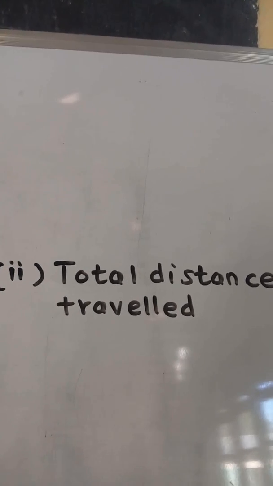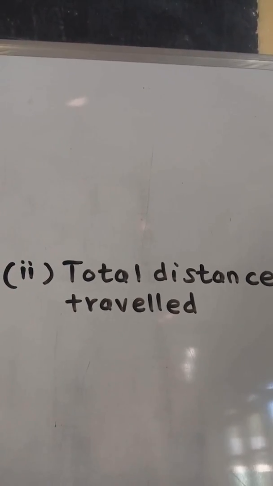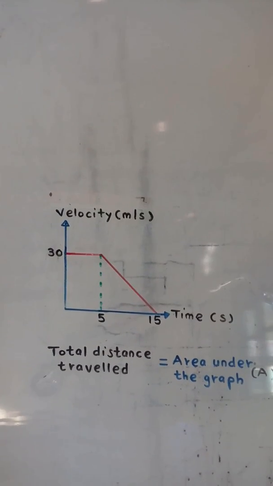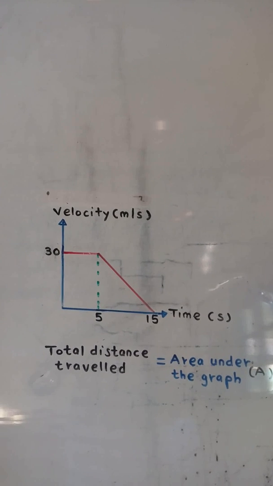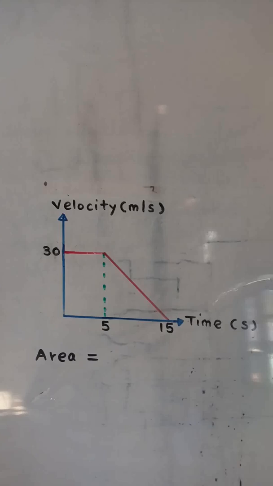Roman 2. Total distance traveled. Total distance traveled is equal to the area under the graph.